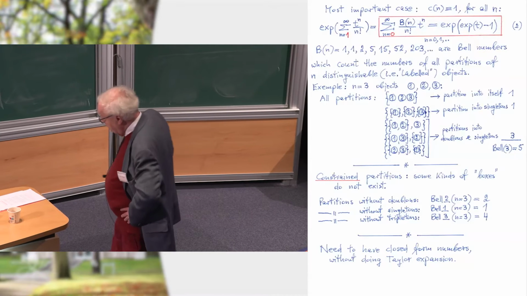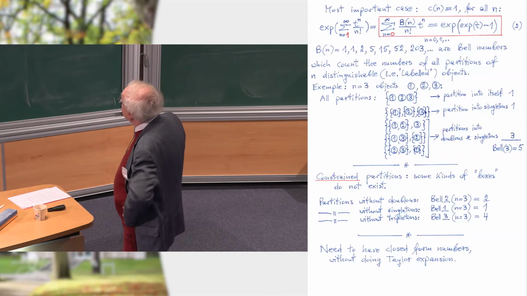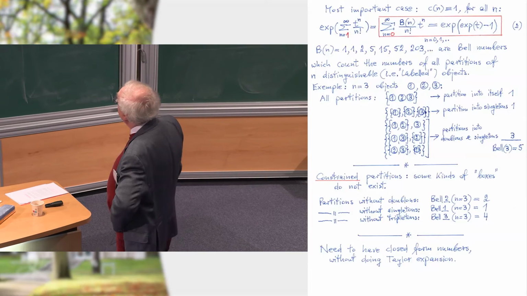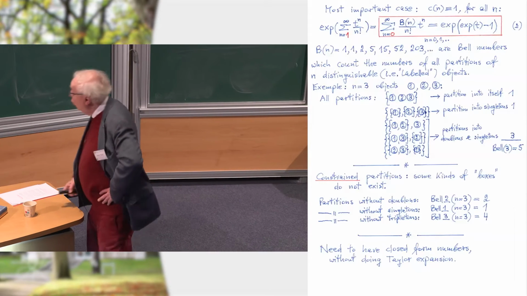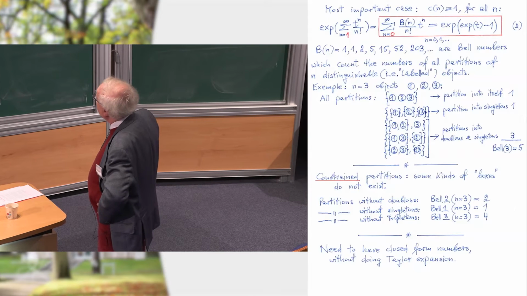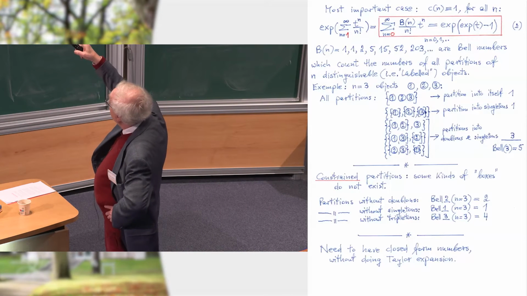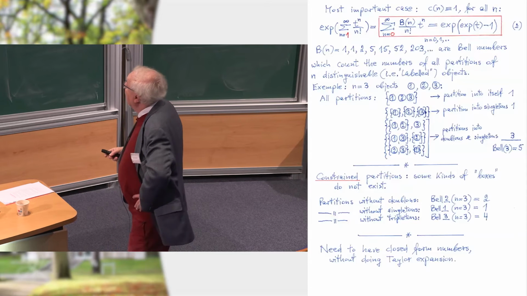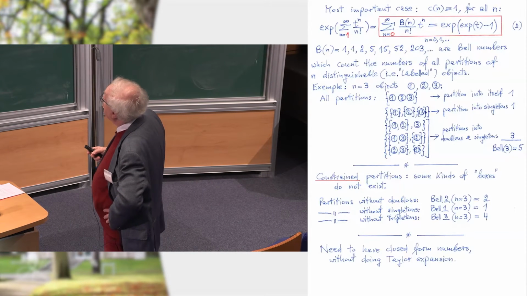So now the first case which interests us is the most important one for other applications. This is the case when all Cn are equal to 1. When all Cn are equal to 1, formula number 2 tells us the definition of the numbers Bn.